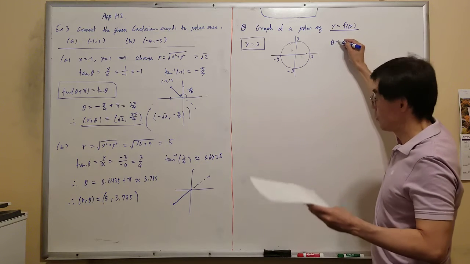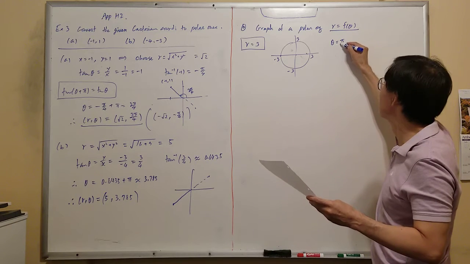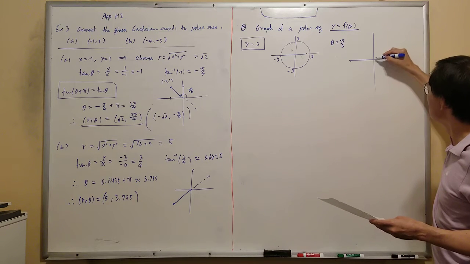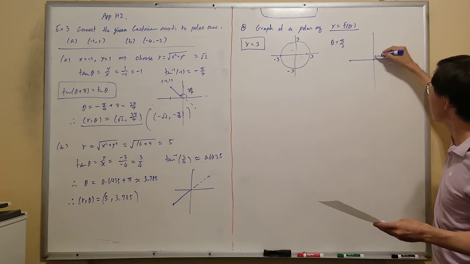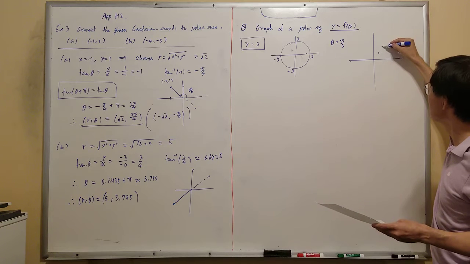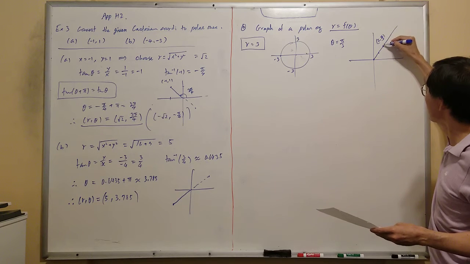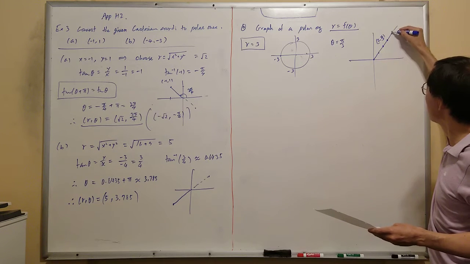What about theta equals pi over 3? Now, 0, pi over 3, 1 pi over 3, 2 pi over 3, these points, 3 pi over 3, 4 pi over 3, 5 pi over 3.